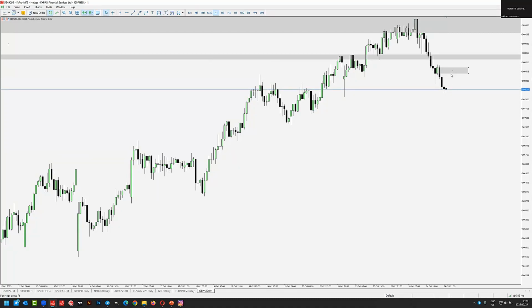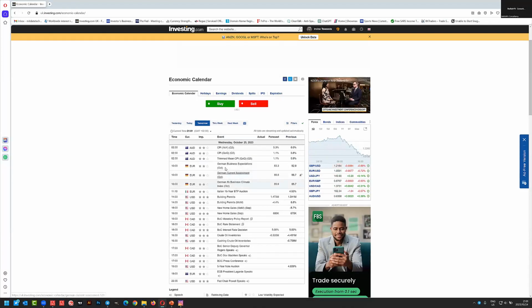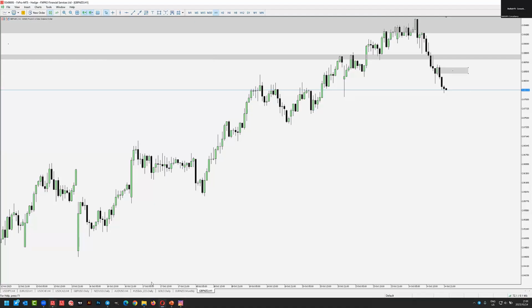If price is inside this bearish order block, I need pound news or NZD news on the calendar for me to what? To be so sure of what I'm going to be doing once price trades into that premium array, because I'm looking for shorting opportunities. The better if it's pound news and they come out negative.